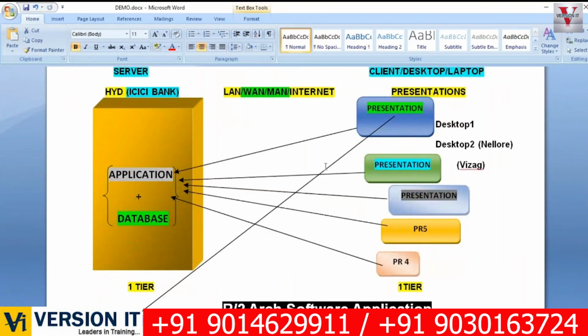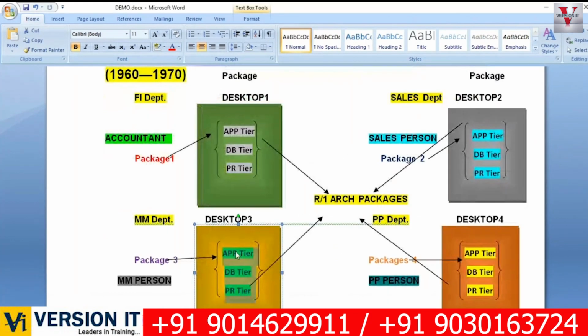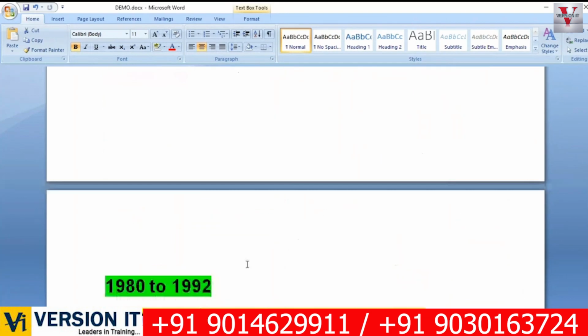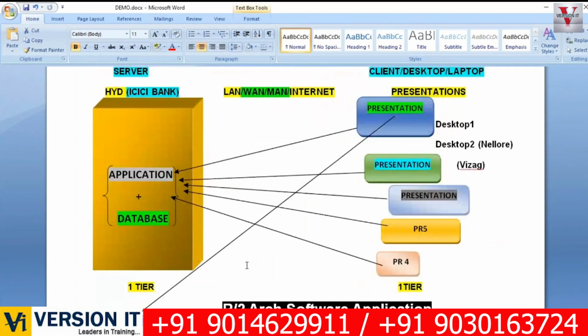No, because you cannot divide it here. Everything is clubbed as one. In this environment, what do you need? You need separate presentations, multiple presentations, from where users, all the employees of the company, can log in. The finance person can log in, the material person can log in, the production person can log in, the HR person can log in with their desktops, and they need to connect to a server.